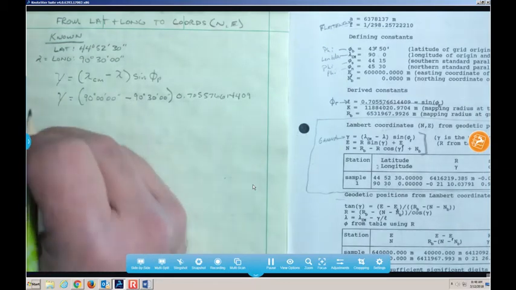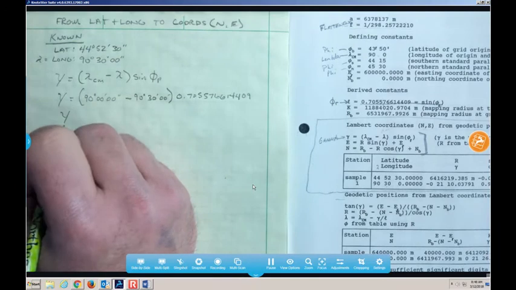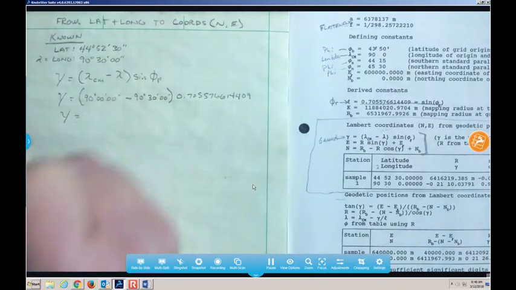So our gamma is what? This gamma should be displayed in degrees, minutes, seconds, though you can show it in decimal degrees.